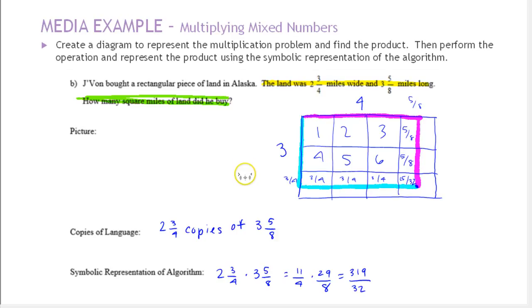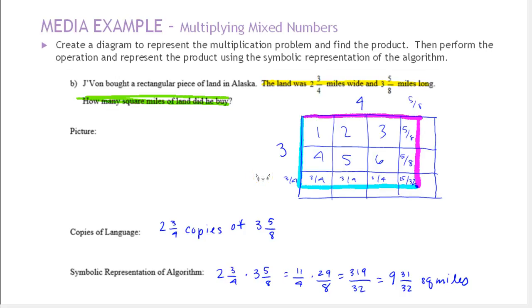And notice this is really close to 10. If this was 320, it would be 10 times as large as 32. So that means it's 9 and 31/32 square miles. Okay? And you could check that on your calculator to see how it corresponds.